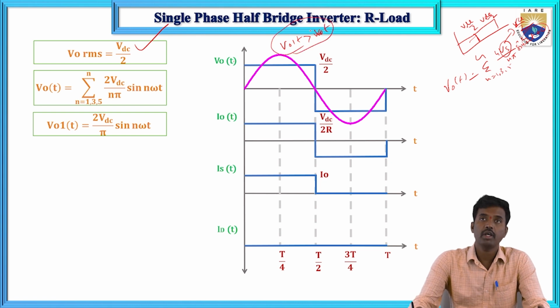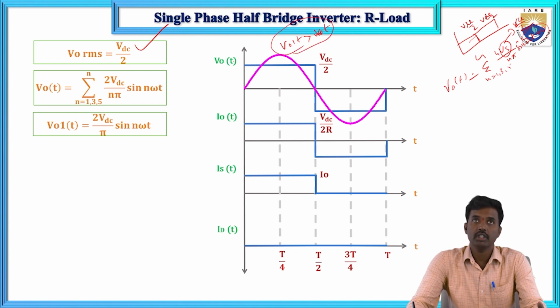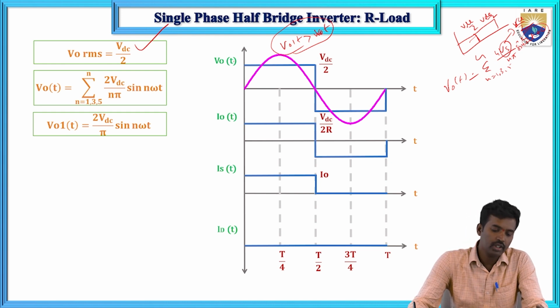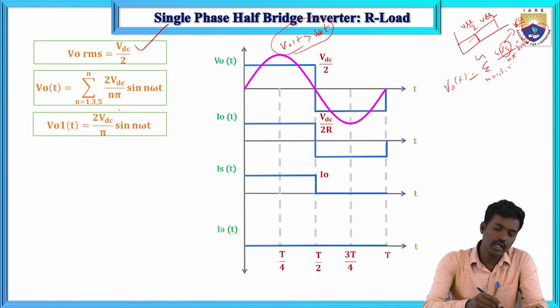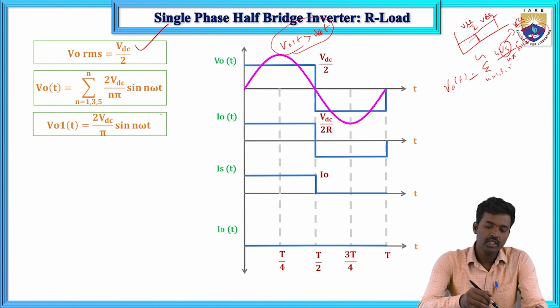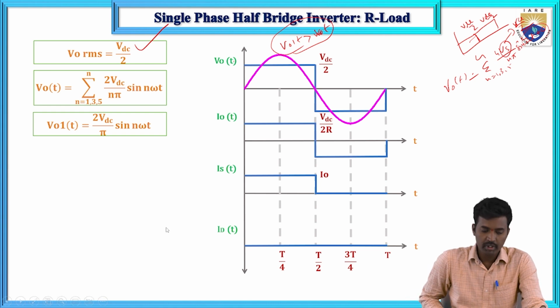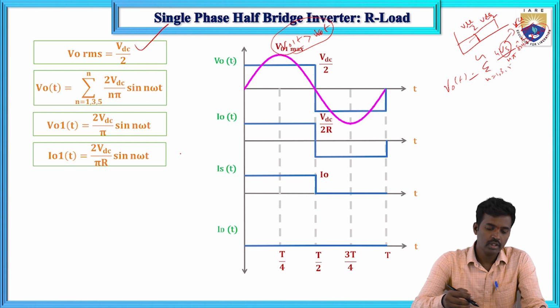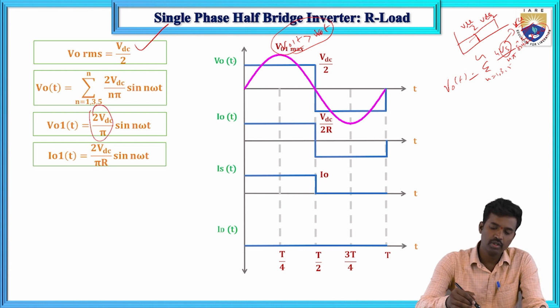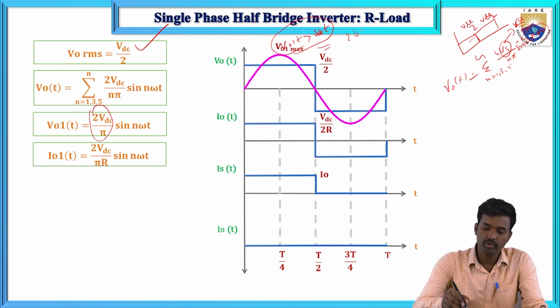Just substitute n equals 1, so V01 equals 2 VDC by pi sine omega t. Now if you calculate the RMS value of the fundamental component of the output voltage, the maximum value V01 maximum equals 2 VDC by pi.